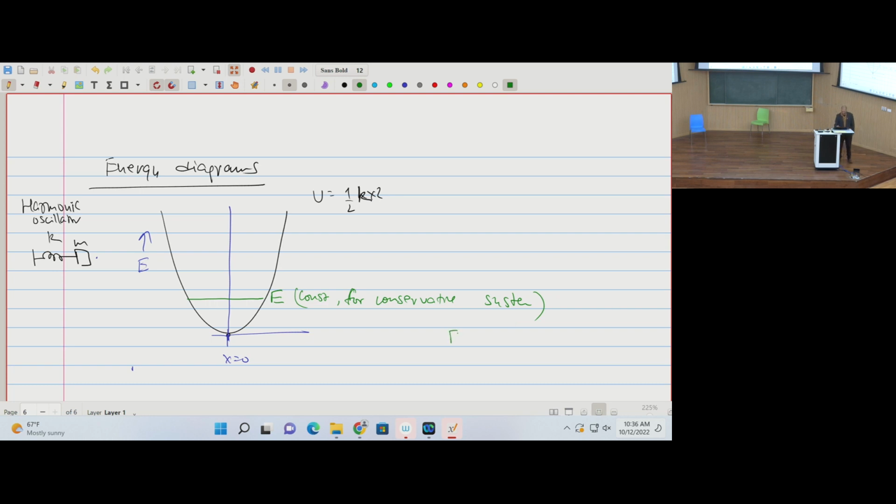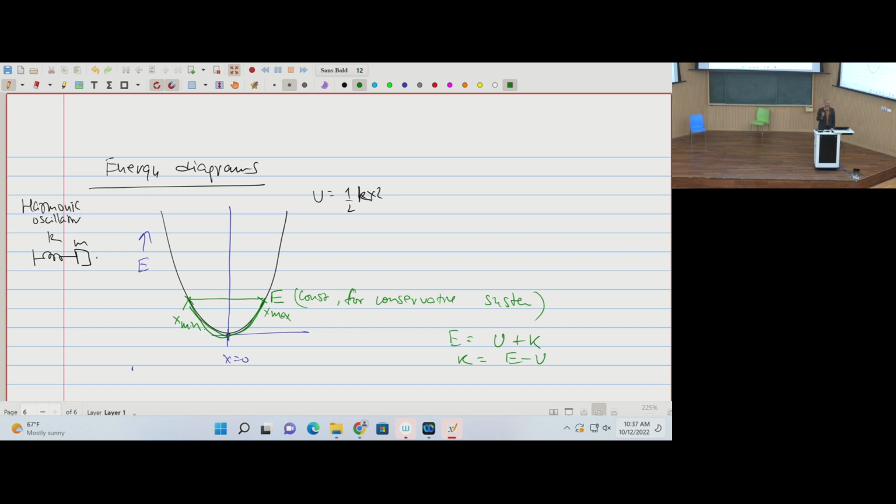Now energy is equal to potential plus kinetic, so kinetic is equal to E minus U. Through this diagram, I can tell you that the particle can only stay between these two crosses. It cannot go beyond x maximum, and it cannot go behind x minimum. It will only stay between them, because that's how much energy it has.